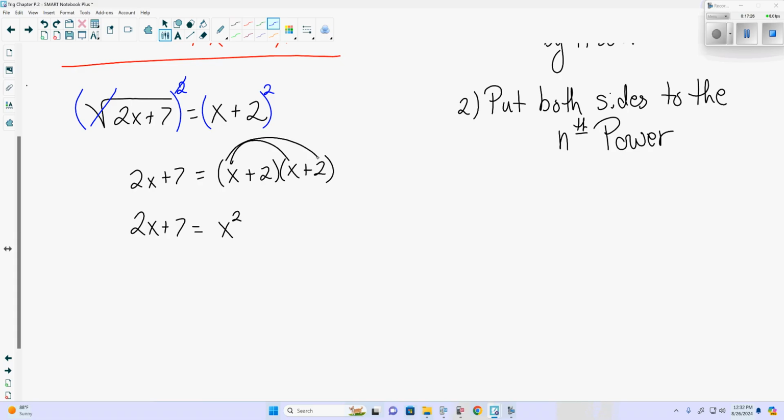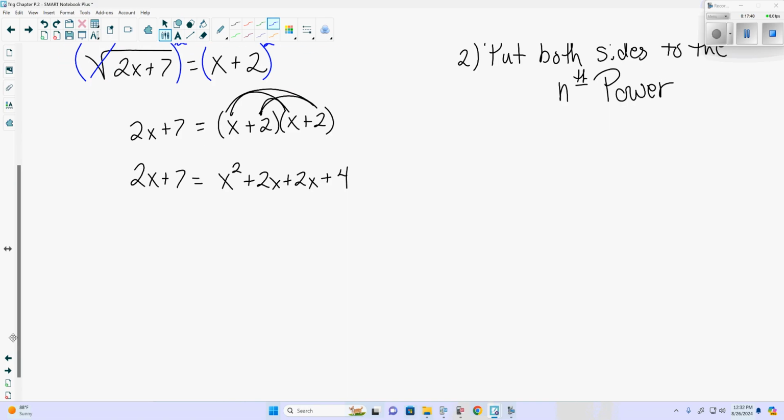X times 2 is plus 2x. 2 times x is plus 2x. And lastly, 2 times 2 is plus 4. So we'd have x squared plus 2x plus 2x plus 4. Now we do have like terms, which would give us x squared plus 4x plus 4.